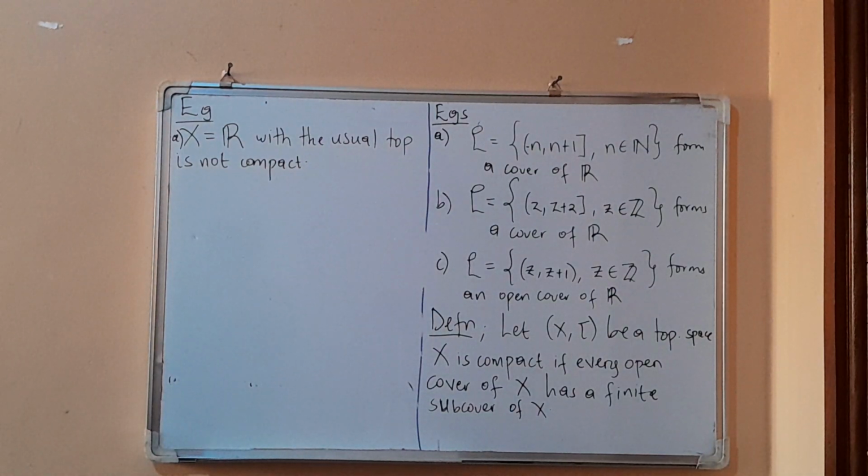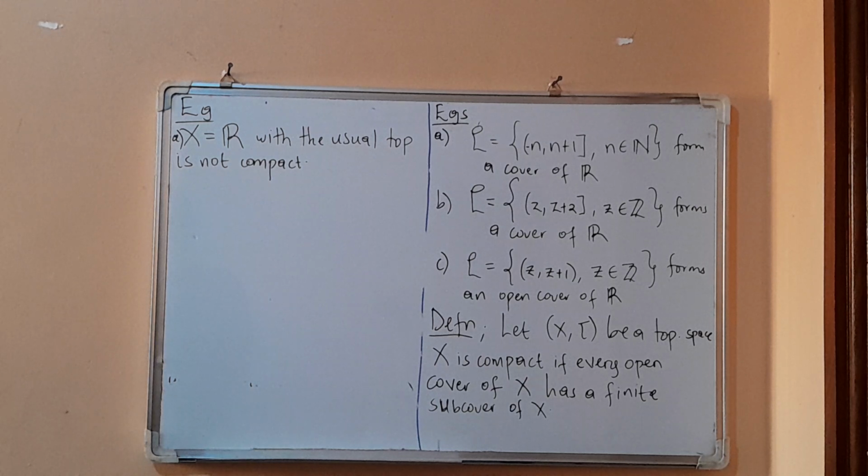The usual topology is just a collection of open intervals. Whenever we are discussing the usual topology, we just mean the collection of open intervals. So R with the usual topology is not compact.